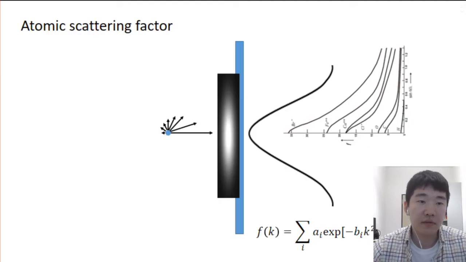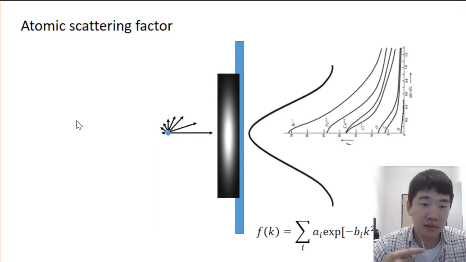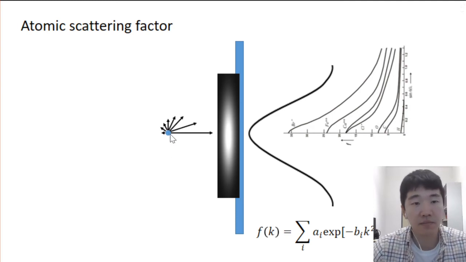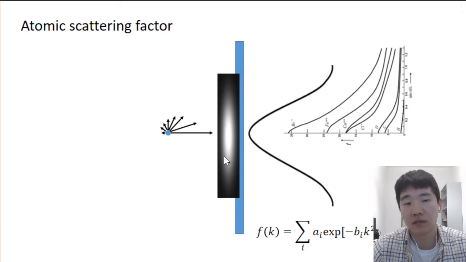But another thing we need to take into account is that there is also scattering happening from the structure point. If there is one scatterer, one single atom, then the plane wave comes in and is scattered, and the probability of observing the signal follows an exponentially decaying function.